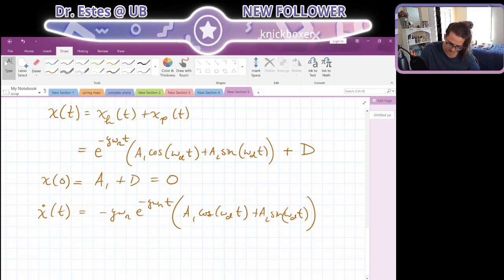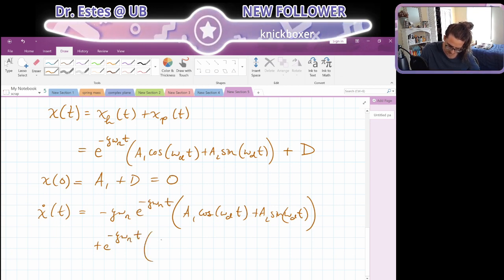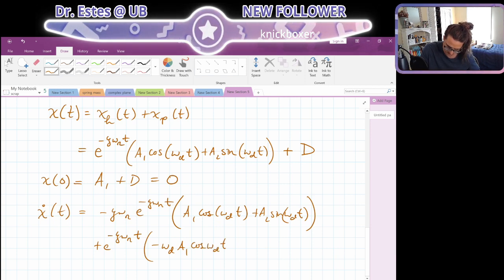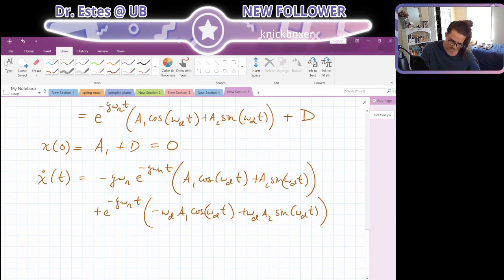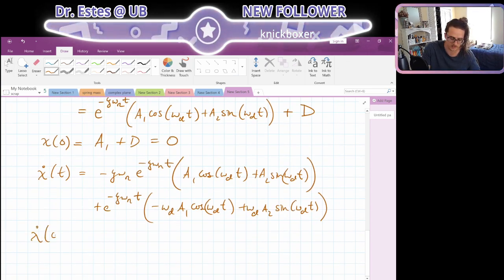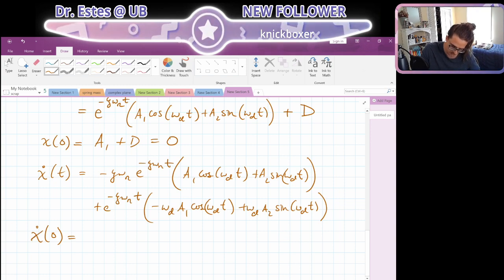That's the annoying part. Okay, so x dot 0 is minus zeta omega n a1 minus omega d a2 equals 0.